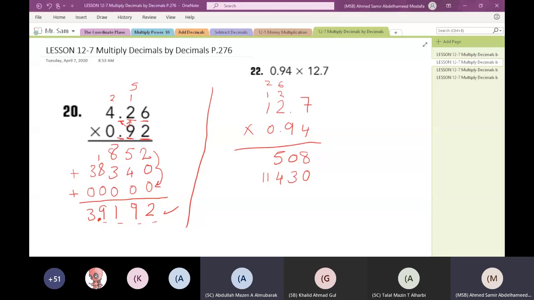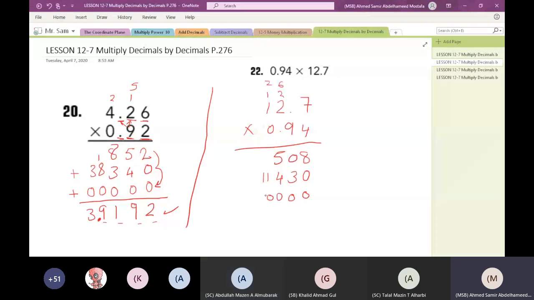Put 0 under the 3 and another 0 under the 0. So 0 here and 0 here, yes? Yes. Okay, now start. 0 times 7 is 0. 0 times 2 is 0, and 0 times 1 is 0.